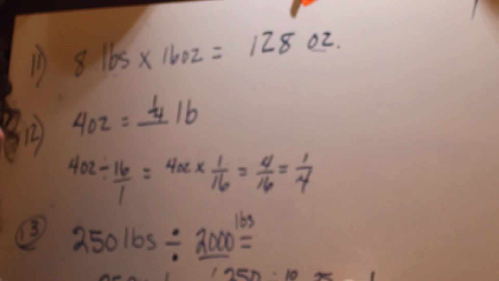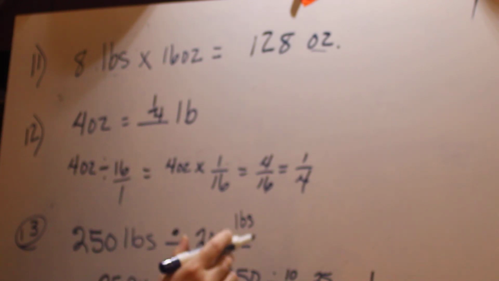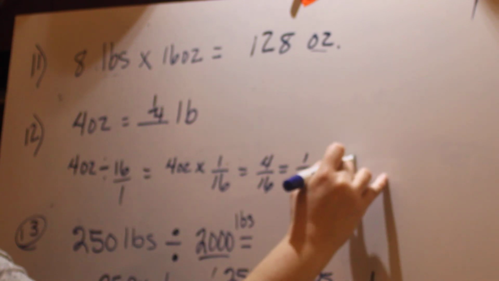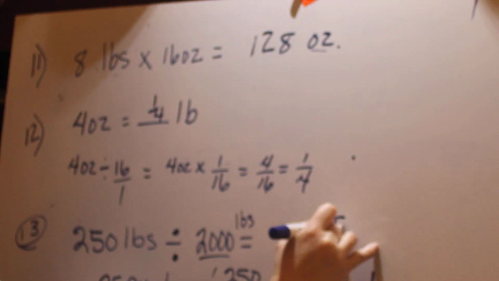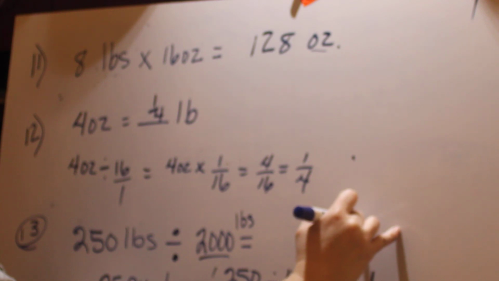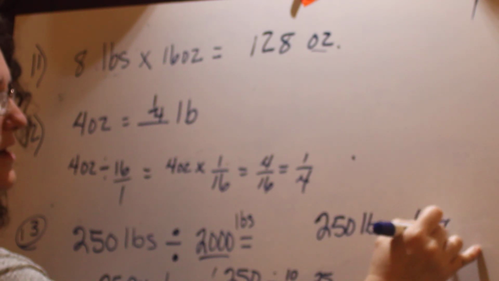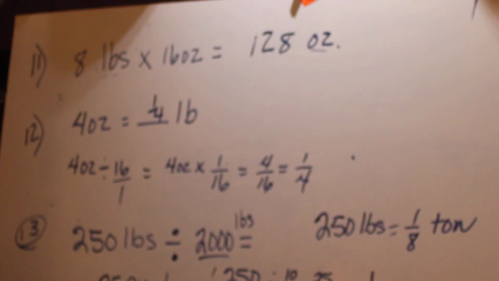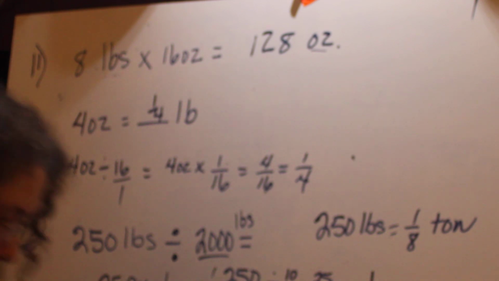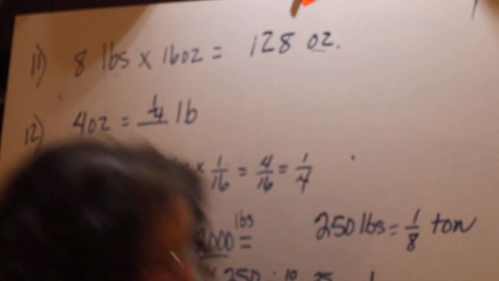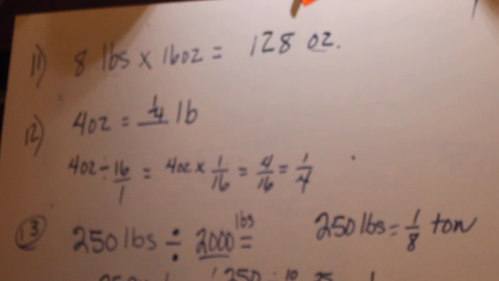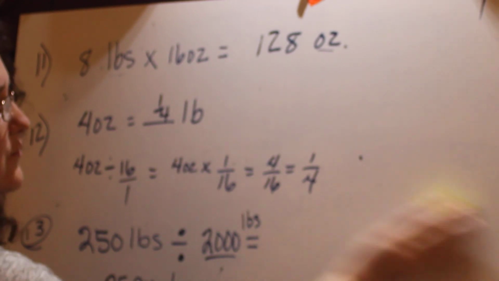So 25 goes into itself once. 25 goes into 200 8 times. So 250 pounds equals 1/8 of a ton. Again, I'm not crazy about the fractions, but we're going to do it. All right. Let's go to number 14.